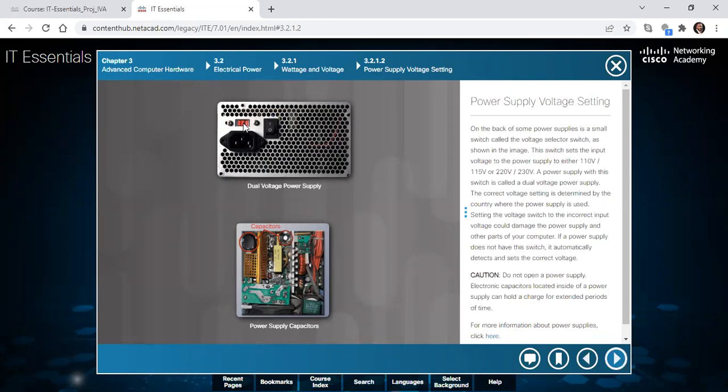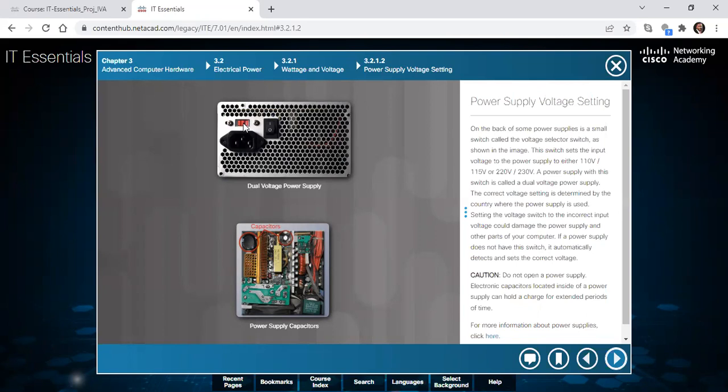This switch sets the input voltage to the power supply to either 110 volts to 115 volt or 220 volt to 230 volt. A power supply with this switch is called a dual voltage power supply. Every power supply on your computer always comes with this switch.